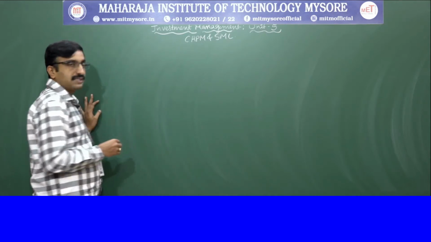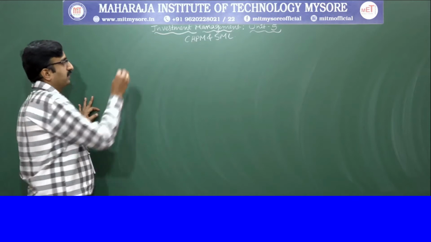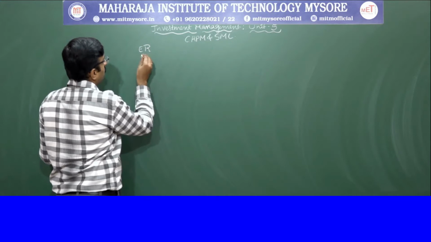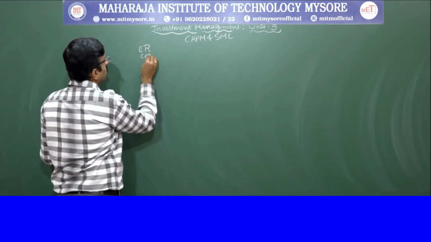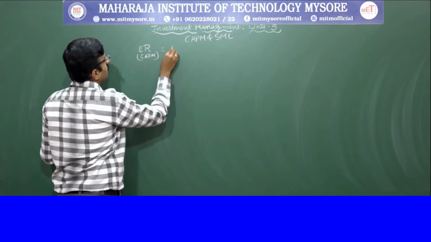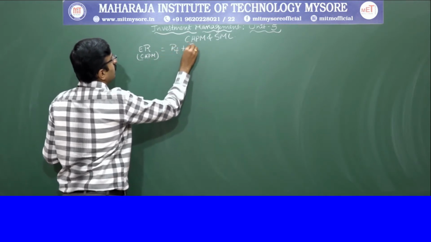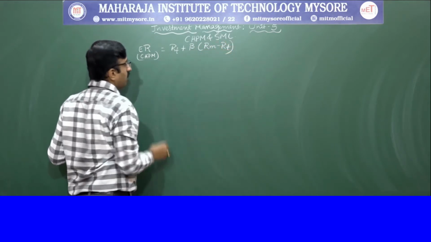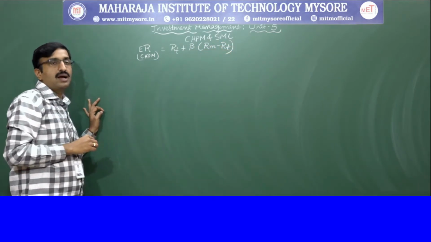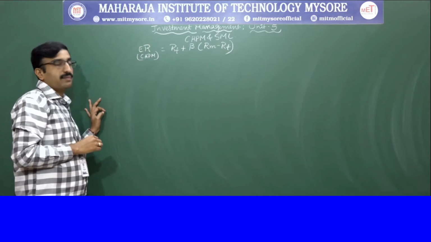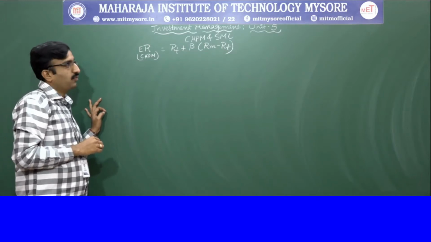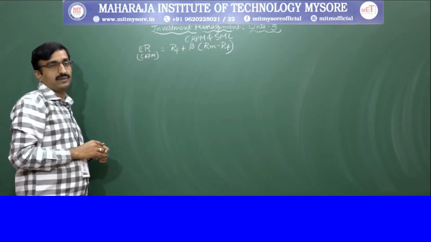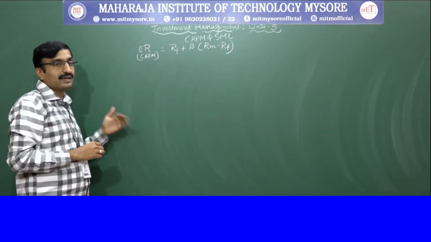We apply the CAPM formula for the calculation of expected return or required rate of return, that is equal to RF plus beta into RM minus RF, where RF is the risk-free rate of return, beta is beta, and RM is the return on market portfolio.